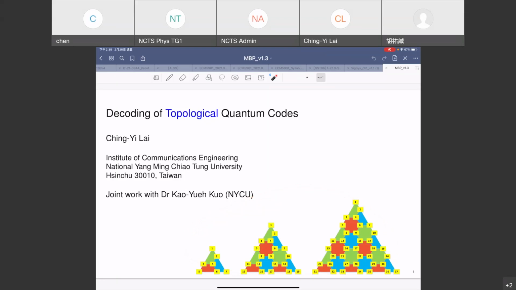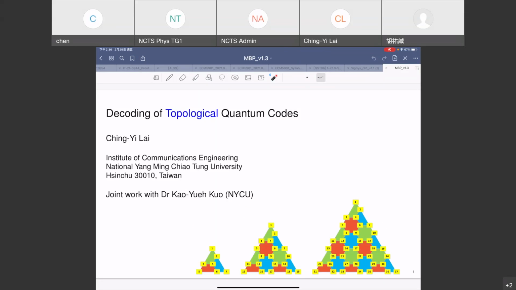Here, each square with a number, each number denotes a qubit, and each grid with a color denotes something called a parity check. So this is some illustration.